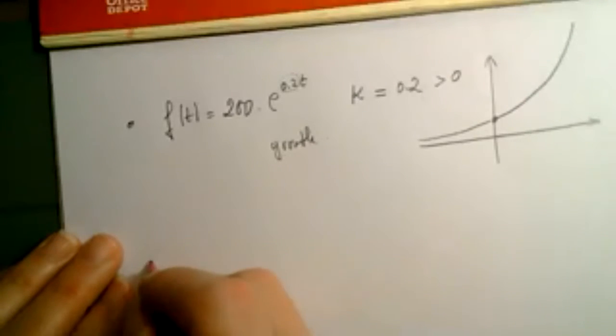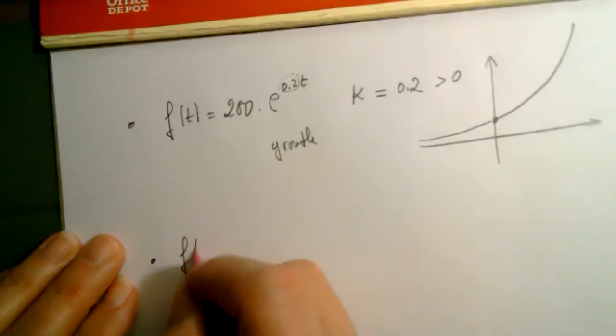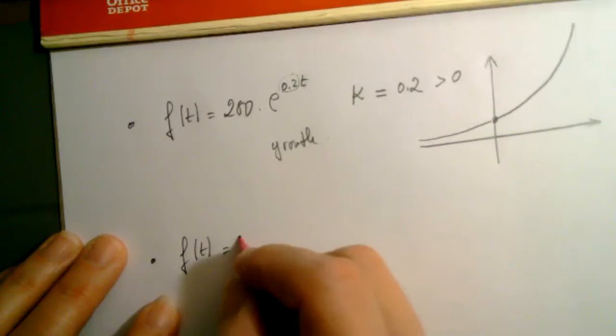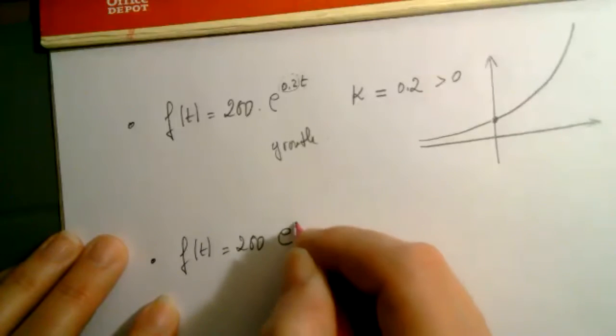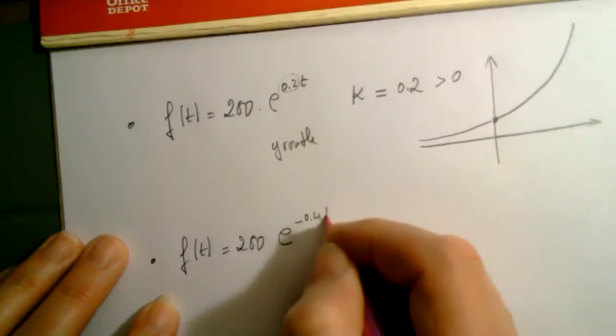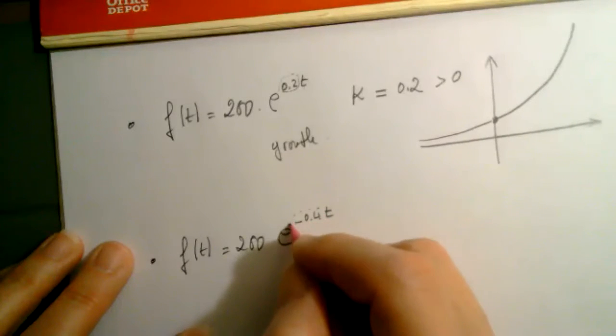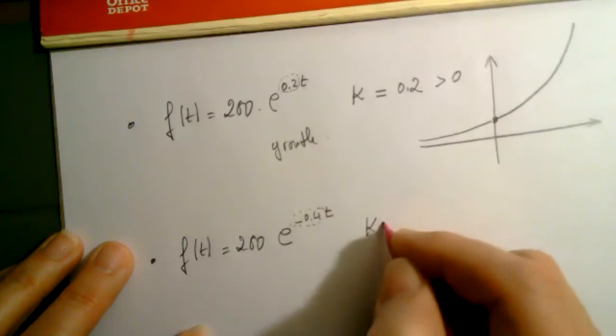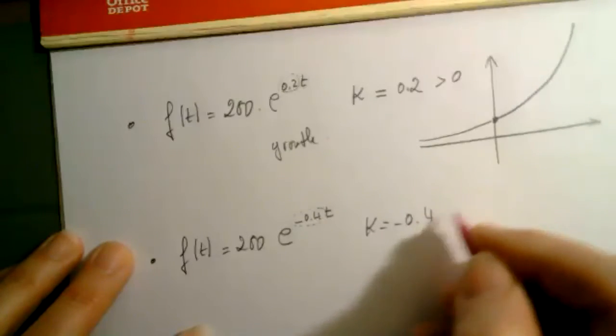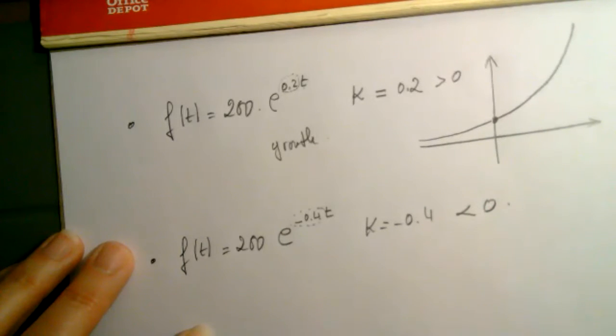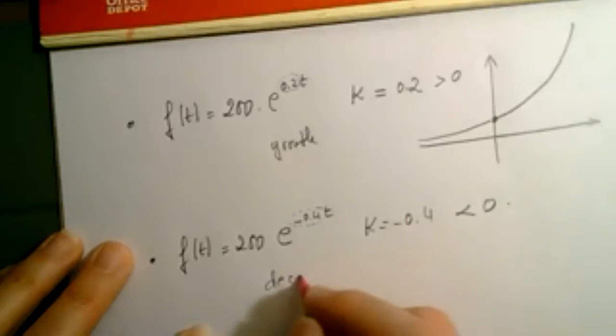Now if I take 200 e to the minus 0.4t, my k is this number right here. That's negative. It means I have a decay.